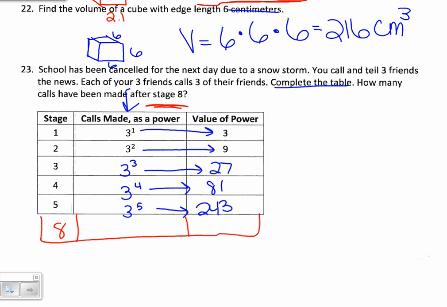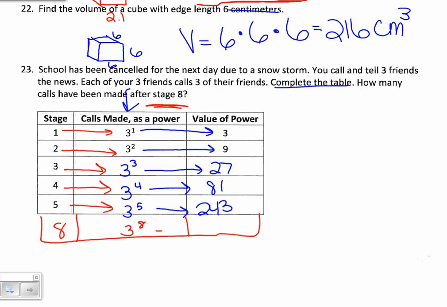But when I look, my exponent for stage 1 is 1. My exponent for stage 2 is 2. My exponent for stage 3 is 3. My exponent for stage 4 is 4. And my exponent for stage 5 is 5. So if I continue that pattern, I'm going to keep my base the same because it's always been the same. And I'm going to carry my 8 over as the exponent.